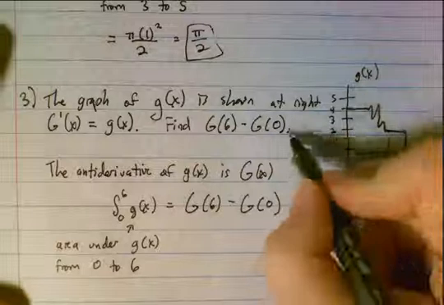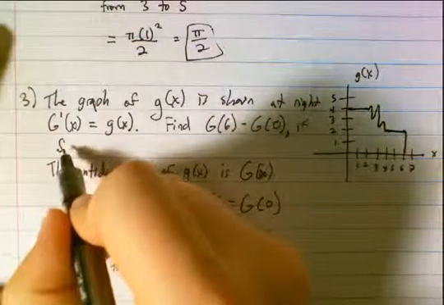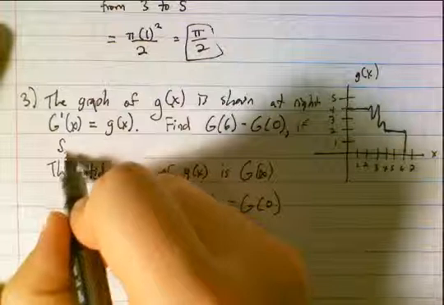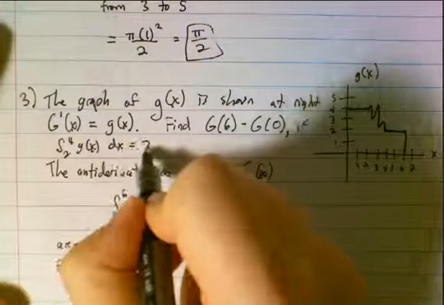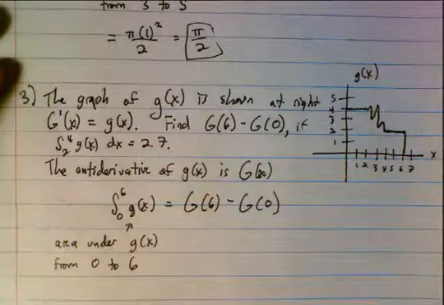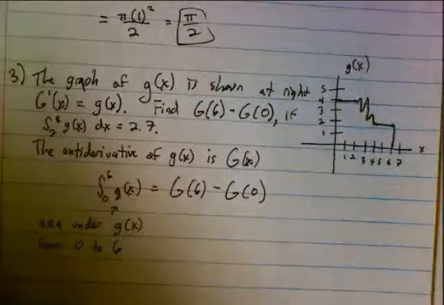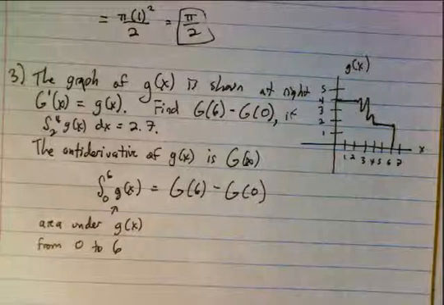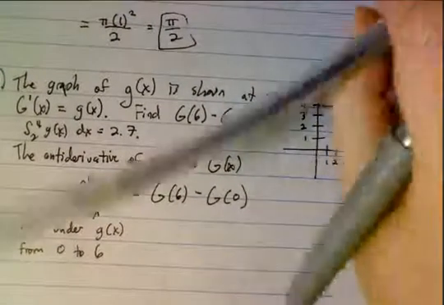Oh, I forgot to put a piece in here. If the integral from 2 to 4 of g of x dx equals 2.7. So now finding this area, when we look up here, we can find some pieces of it fairly easily.